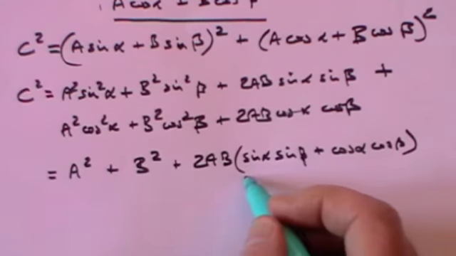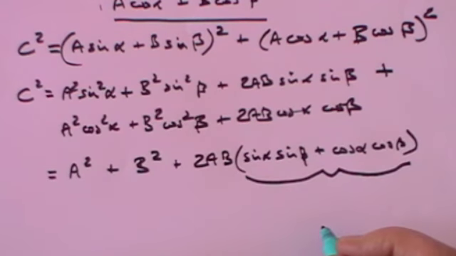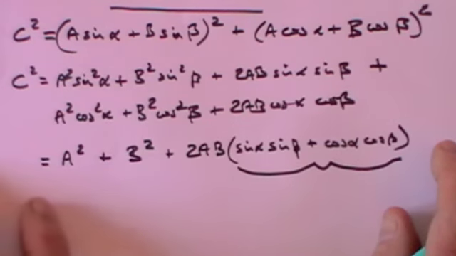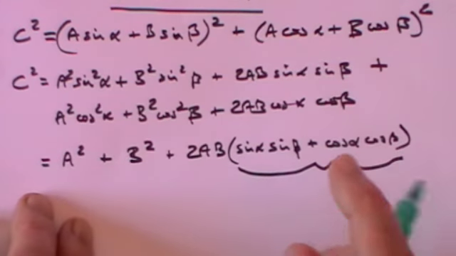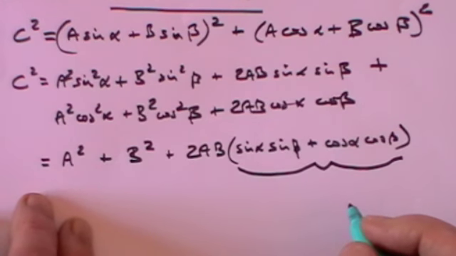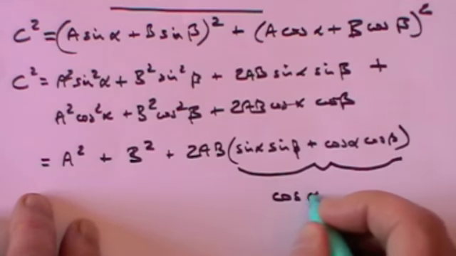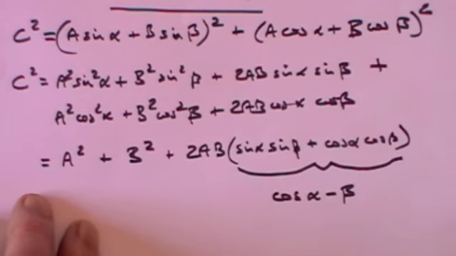But what is this term here? Sine alpha sine beta plus cos alpha cos beta. There's a trigonometric identity for that, which is cosine of alpha minus beta. But what is alpha minus beta? We go all the way back up here.